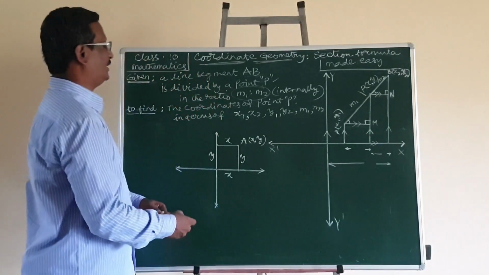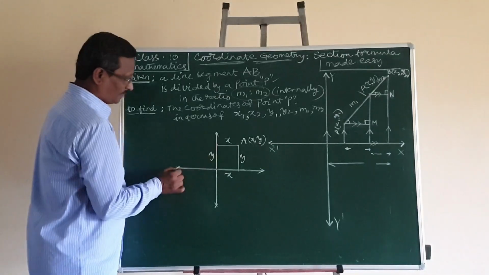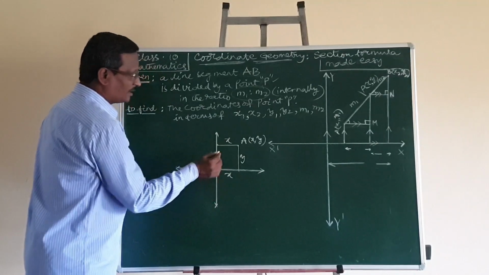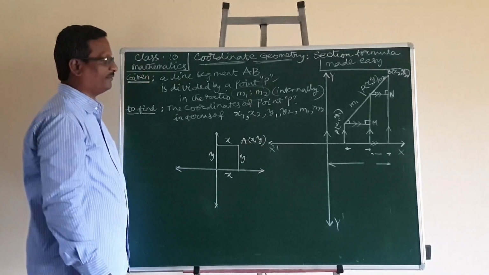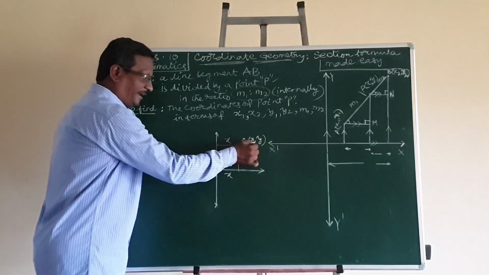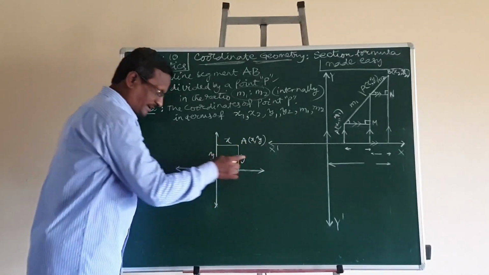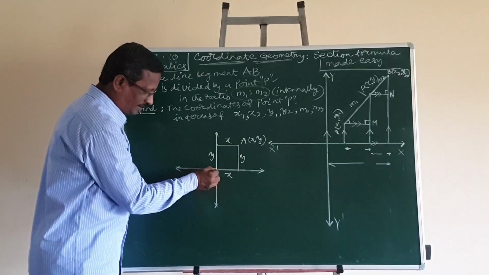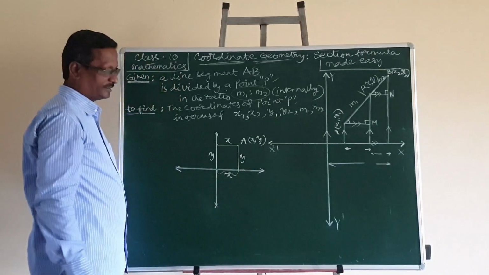The basic which we need to understand is this. This is the x-axis. This is the y-axis. There is a point A. The coordinates of point A are x comma y. If the x coordinate of point A is x, it means the distance of the point in the direction of the x-axis is x units.